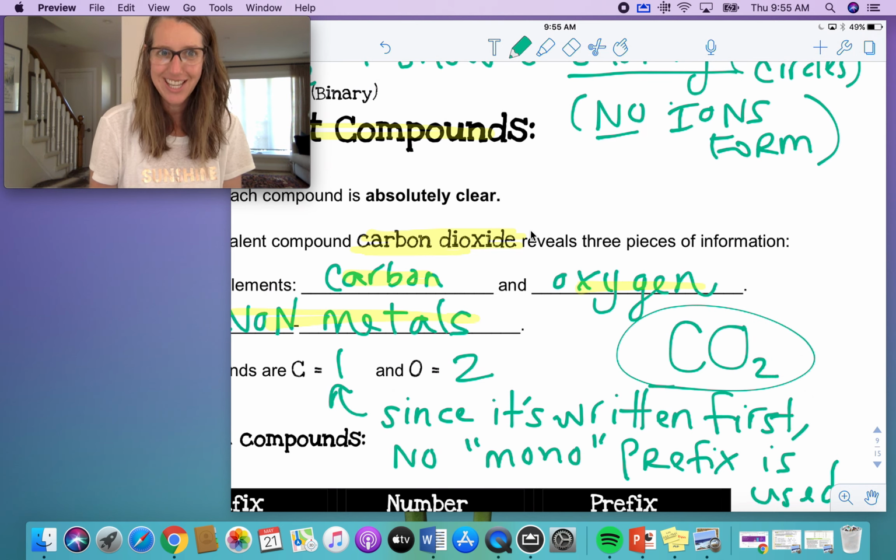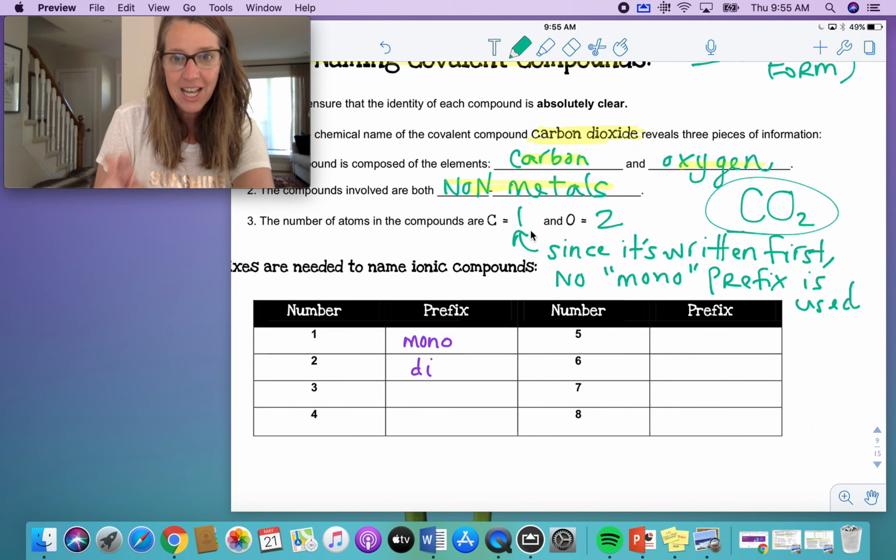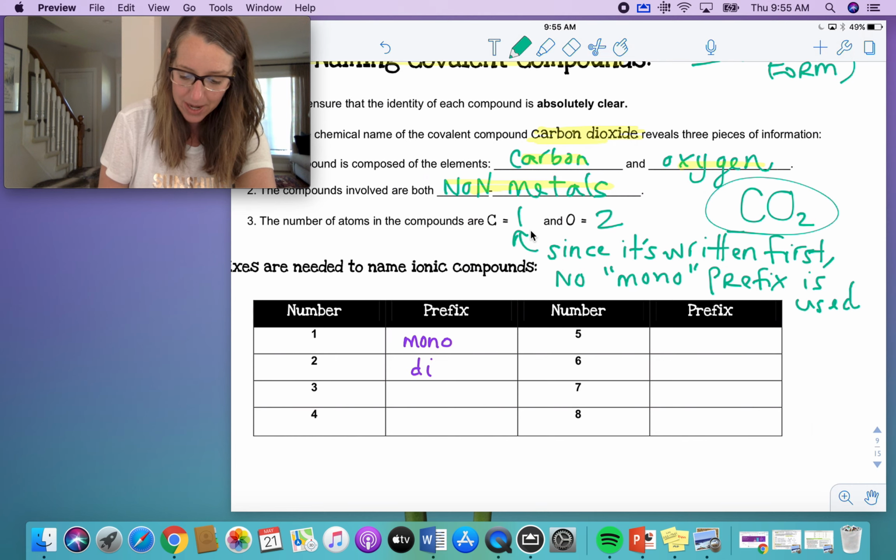See, these are the easiest ones, aren't they? They tell you exactly how many, because remember, these atoms can come together in different ratios. Can you have a molecule called carbon monoxide? Yep, carbon monoxide. So you have to tell in the name how many atoms are in the molecule you're talking about.